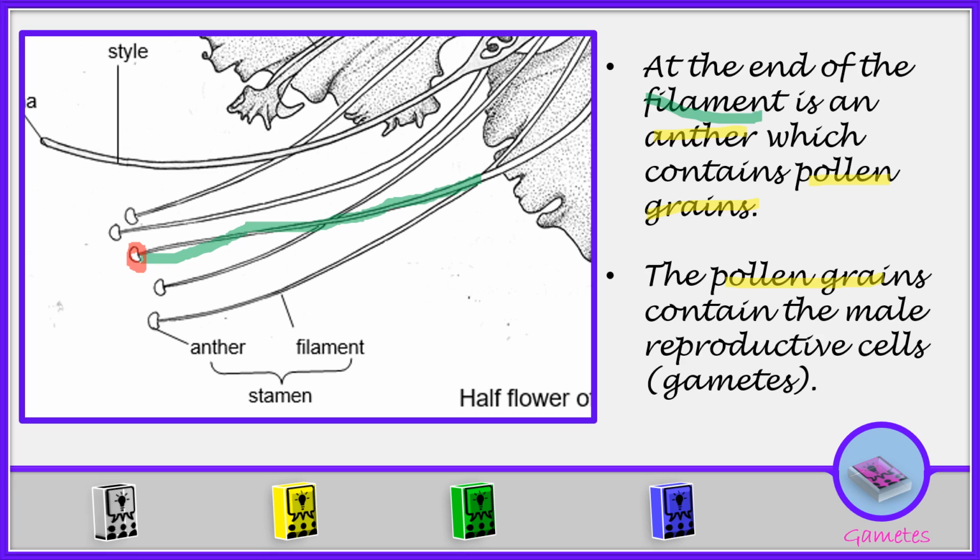The pollen grains contain the male reproductive cells, which we call the gametes.